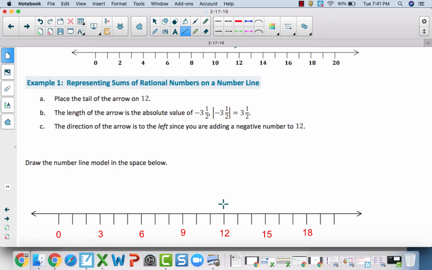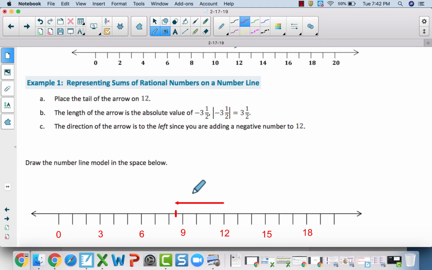And it's going to the left because I am adding a negative number, or I'm taking away that 3.5. All right. So this would be 1 right here. This would be 2. This would be 3. And a half would be right between. So this right here is another way we can represent 8.5.